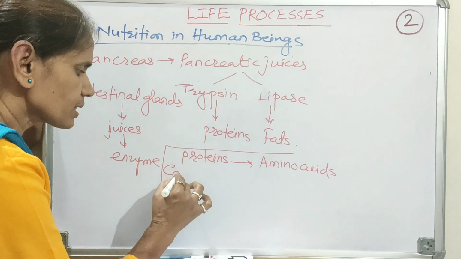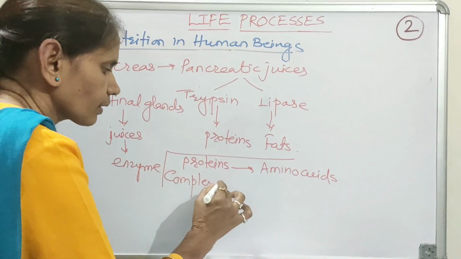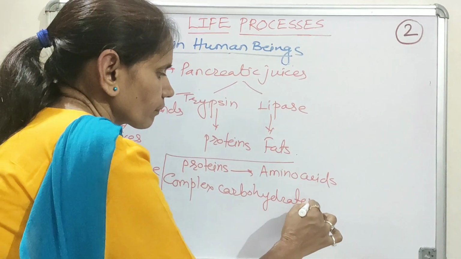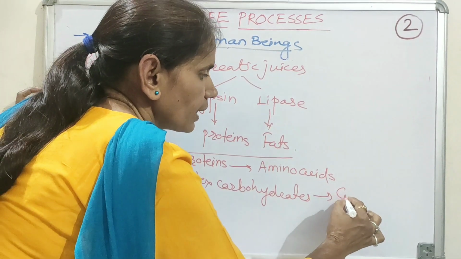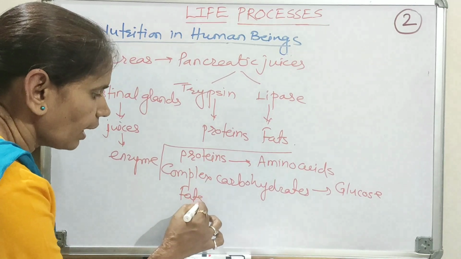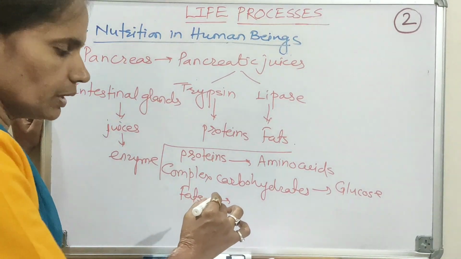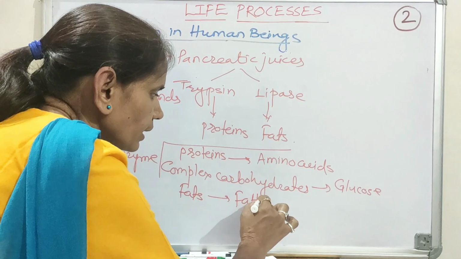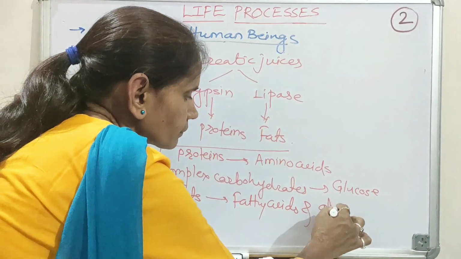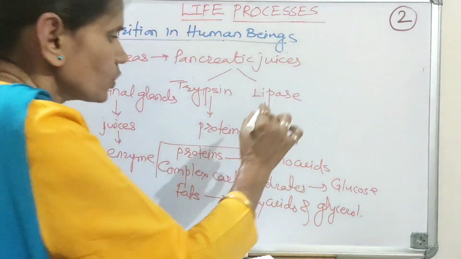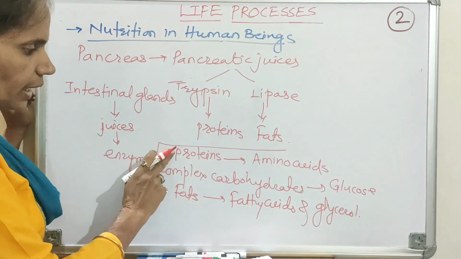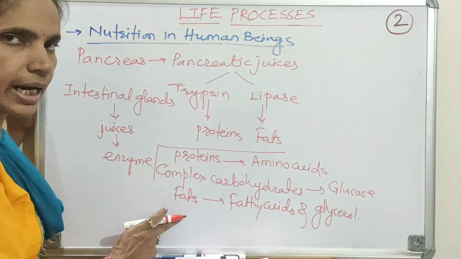Then complex carbohydrates are digested to the simple sugars like glucose, and then fats are emulsified to the simple products, that is fatty acids and glycerol. So overall, the small intestine is the site of complete digestion of proteins, carbohydrates and fats.